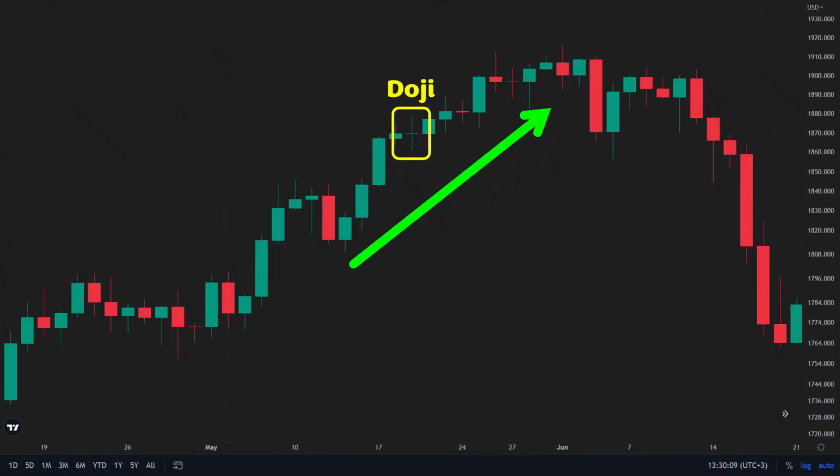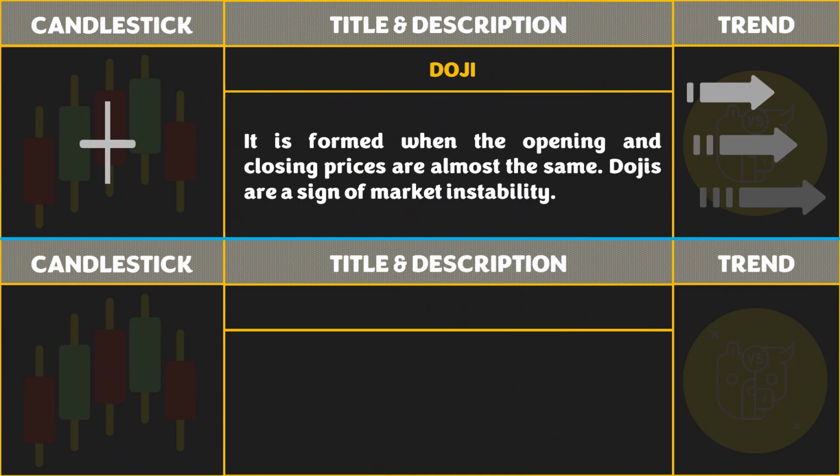The example of a doji that does not affect the trend is shown in the image. As can be seen, although the doji was formed, prices continued to rise. The same rules apply in a downtrend. In such cases, it would be more correct to wait for the confirmation candle before trading. The confirmation candle is the signal candle that forms after any candlestick.